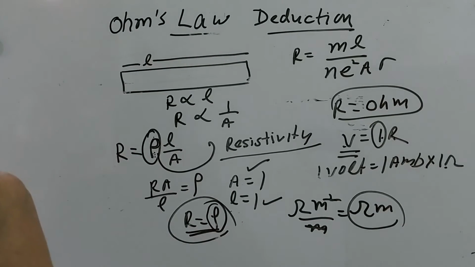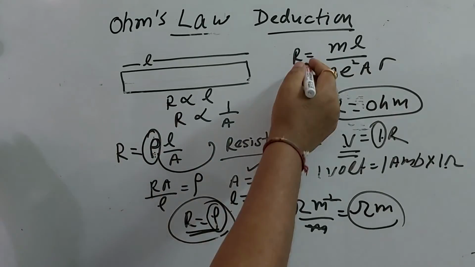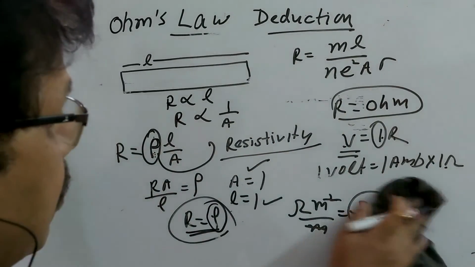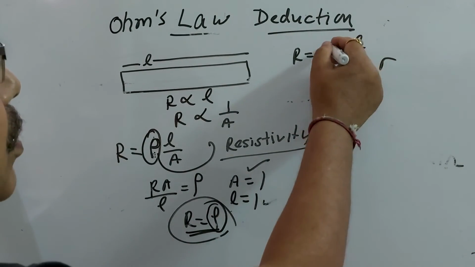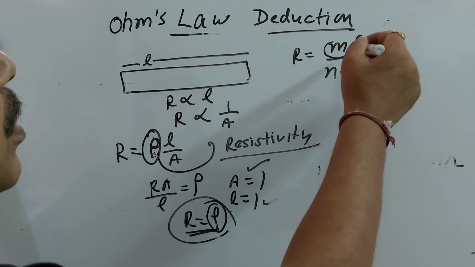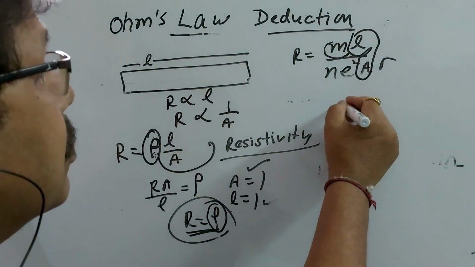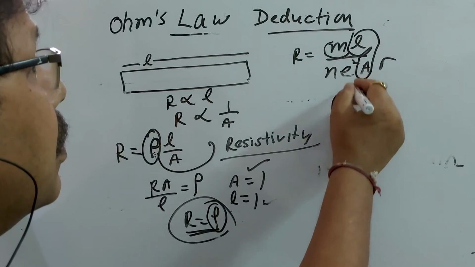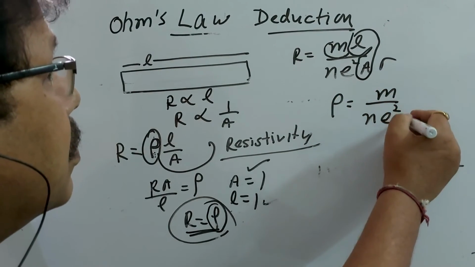And now one more term. In this case, the resistivity is also given by this expression. If you take out this L and A, the resistivity is m over N E square tau.